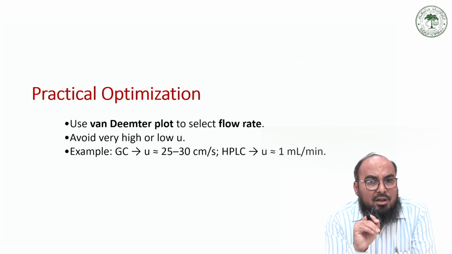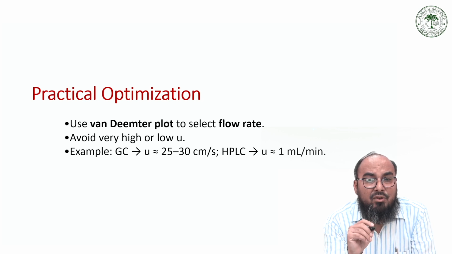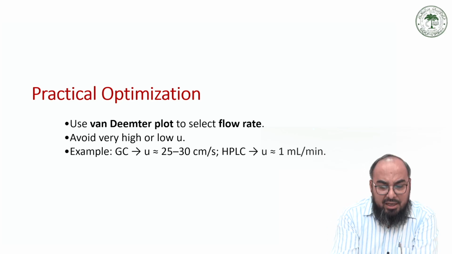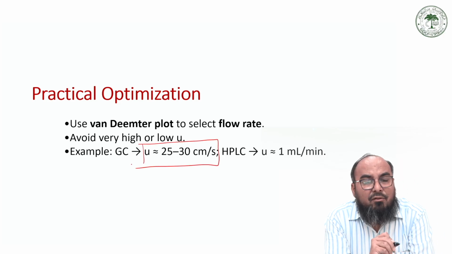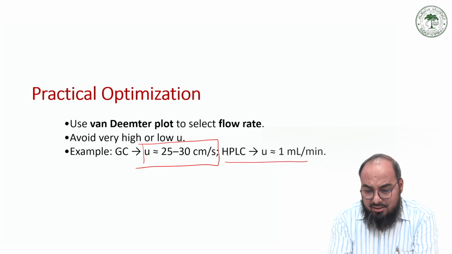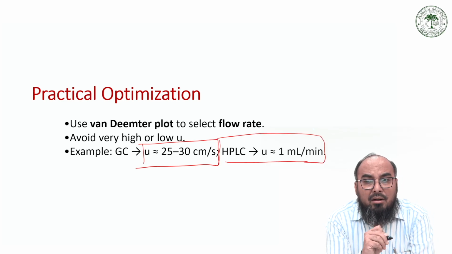Practical optimization. The Van Deemter equation is very helpful to us. When we are dealing with systems like GC or HPLC, we have to select the best speed so that we can have better resolution. For example, in GC, the velocity of the mobile phase must lie somewhere between 25 to 30 centimeters per second. Similarly, in HPLC, which is an advanced form of chromatography, it is about 1 ml per minute.